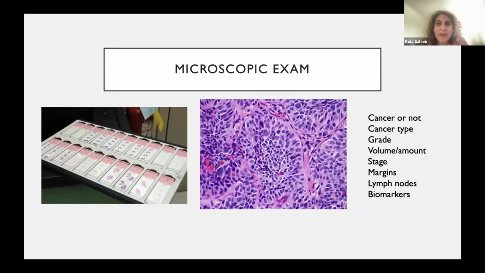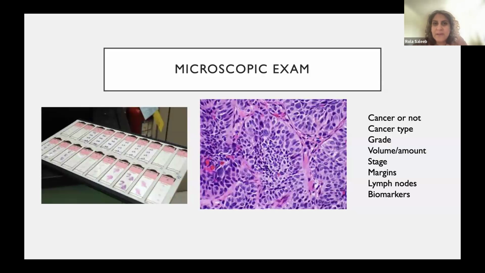Each organ has its own variety of cancers that arise in it, and that matters, as I will explain more. What grade is it? There are grading systems for every single cancer that exists, and they're all different. Is it high grade, low grade, which means is it a biologically more aggressive cancer or not?